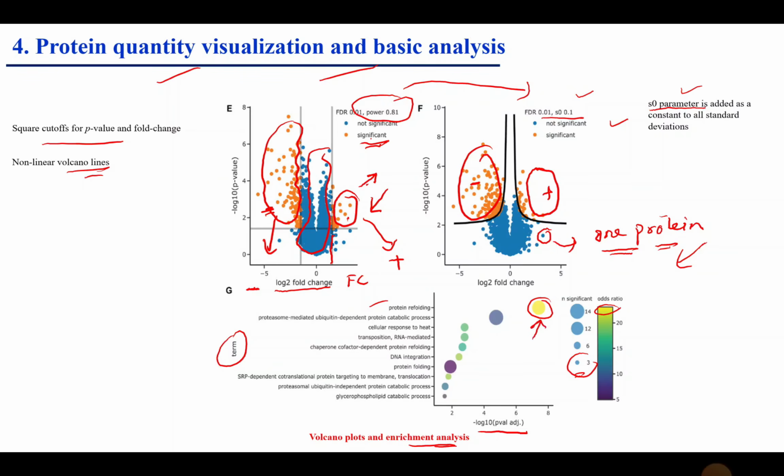The bigger the size, the bigger the number of significant proteins. The highest number of significant proteins were related to protein refolding. The proteins related to proteasome-mediated ubiquitin-dependent protein catabolic processes were also significant. So we can use differentially expressed proteins for enrichment analysis to get further insights into which types of proteins are involved in which types of functions.